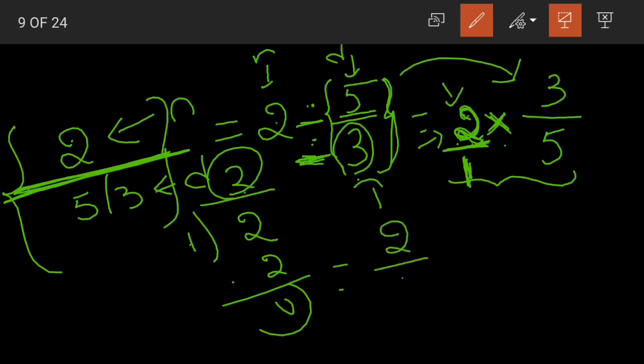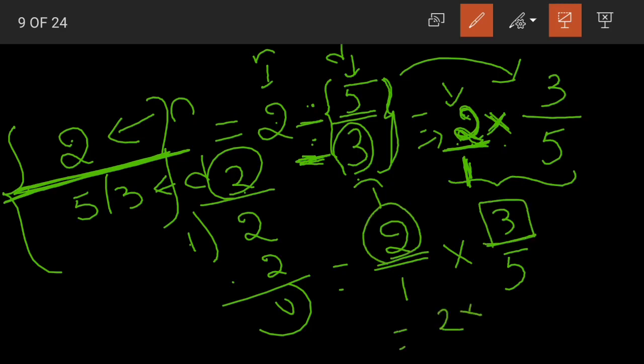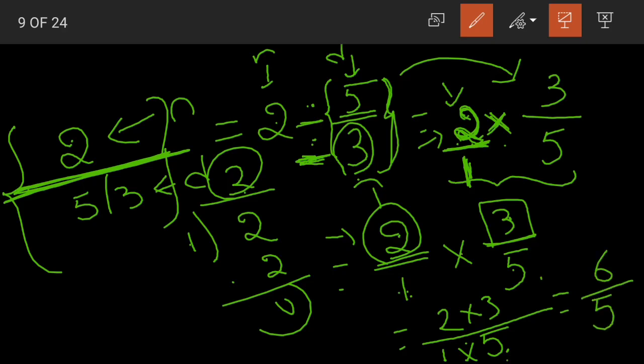Now we have these two fractions, 2 by 1 multiplied by 3 by 5. How do we multiply fractions? Multiply both the numerators first: 2 into 3, divided by the product of the denominators, 1 into 5. 2 into 3 becomes 6, 1 into 5 becomes 5.